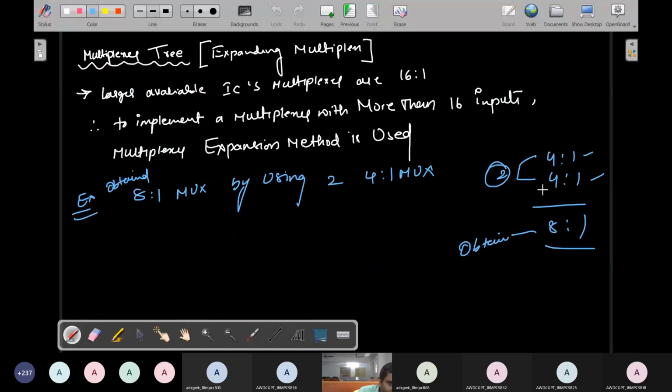Like that, using 4:1 multiplexers I can obtain 8:1. The performance of the sum of these two multiplexers is like 8:1. It will be working like 8:1 only.